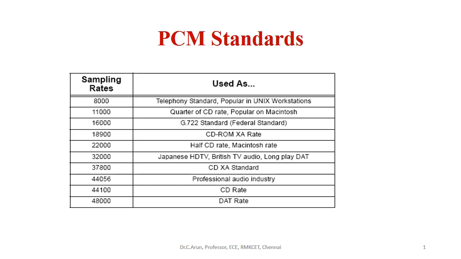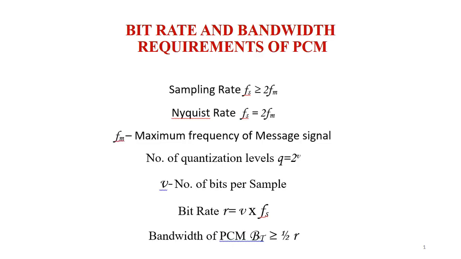For the same audio signal processed from 18,000 to 48,000 samples, the quality at 8,000 samples per second is less, but at 48,000 samples the quality is very high. So based on the requirement of any communication system, you can improve the sampling rate and improve the quality of the signal.